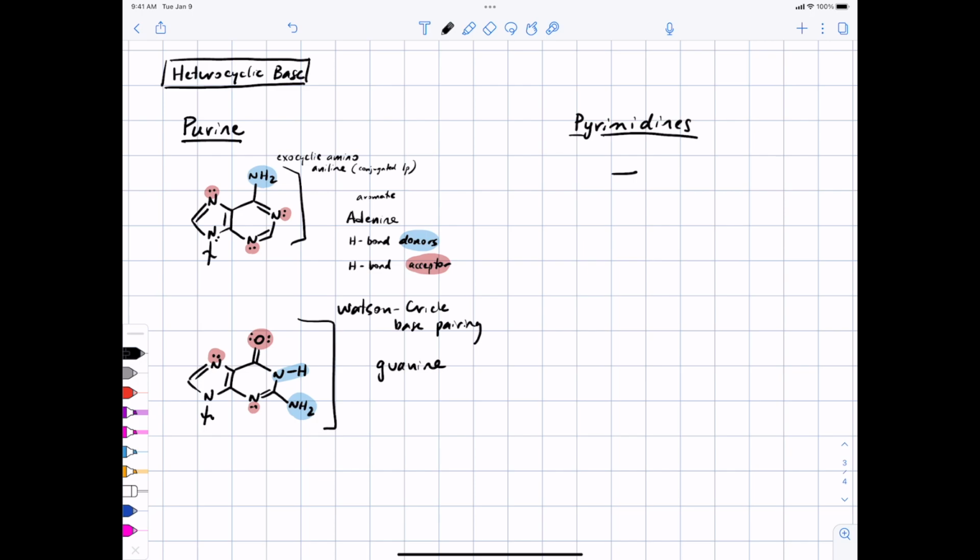All right, the squiggly line indicates where the base is attached to something else.